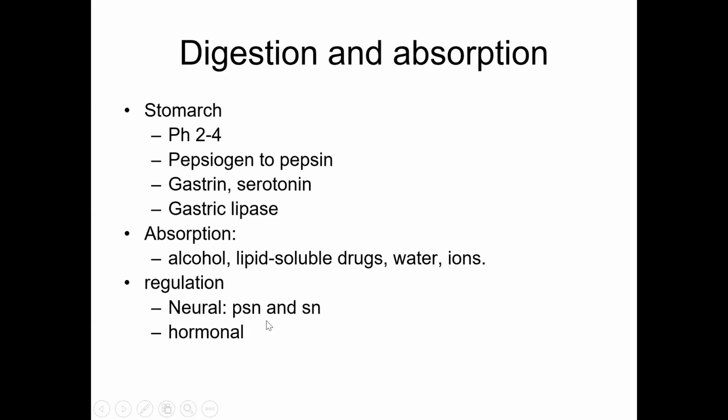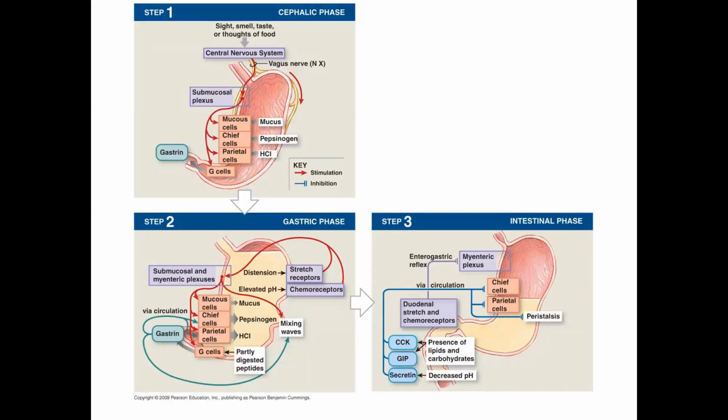In terms of regulation of digestion and absorption in the stomach, hormones can regulate this process, and the autonomic nervous system regulates the digestion and absorption in the stomach as well. This is the diagram you have in your book. It's on page 890. It is the mechanism that regulates the release of gastric juice, to enhance the digestion in the stomach.